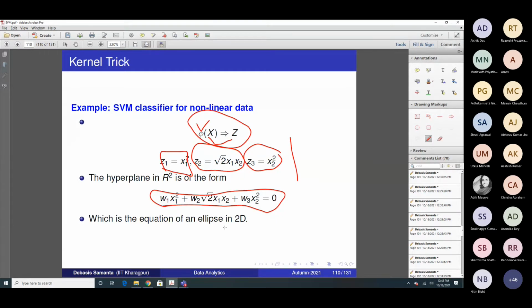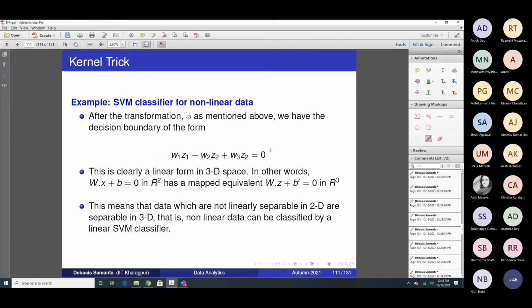As an example, in this case this is the nonlinear form, and after applying this concept to it, it will give you a linear form which looks like this.